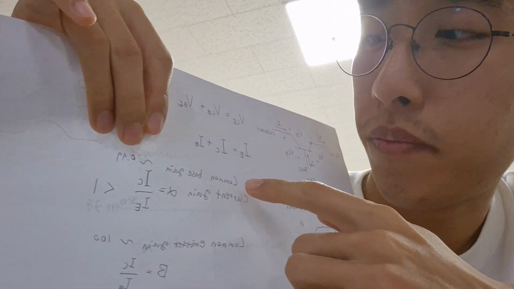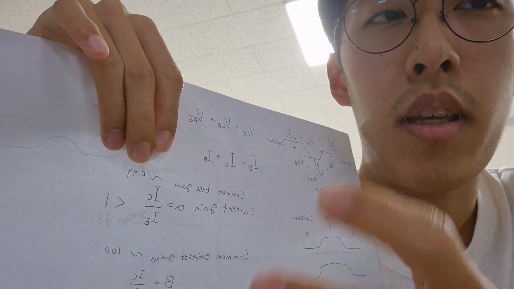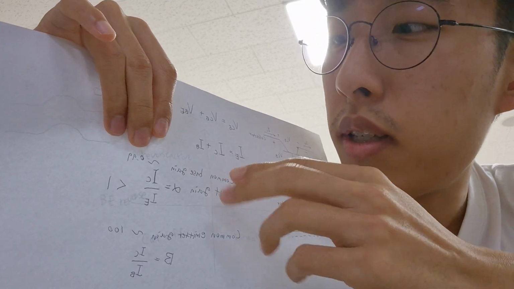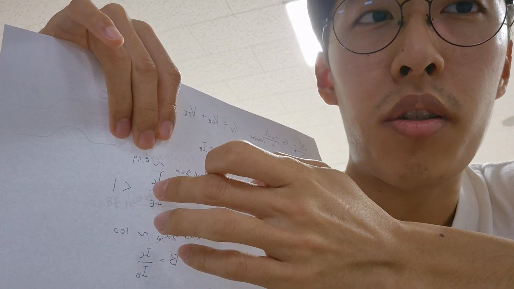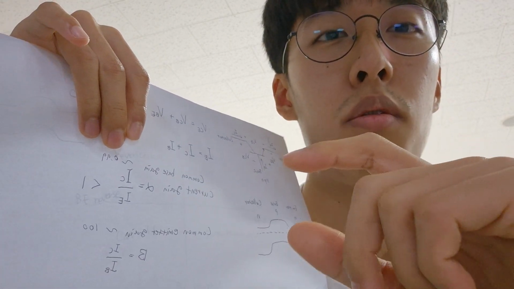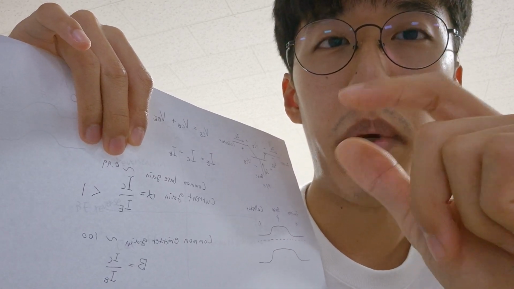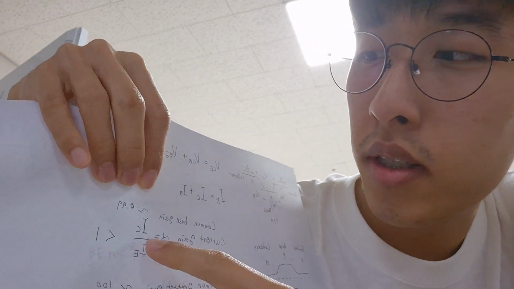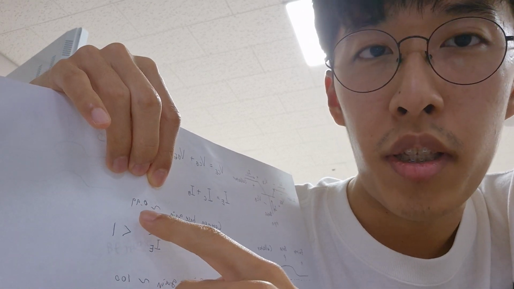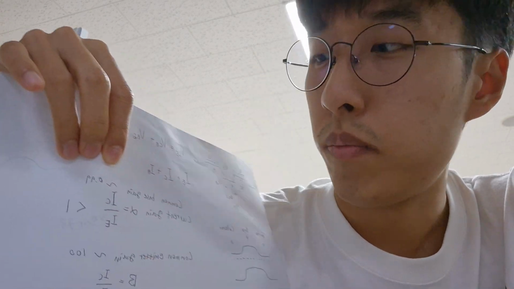We say IE is equal to IC plus IB, but the base current is very small, so IC, the collector current, is almost equal to the emitter current, but the emitter current is a little bit bigger. So we can say it is almost 0.99, or ideally 1.